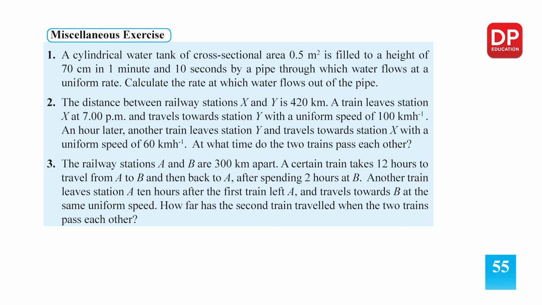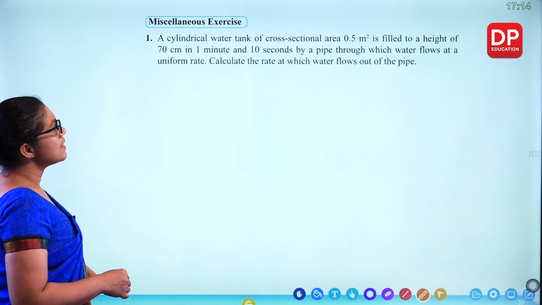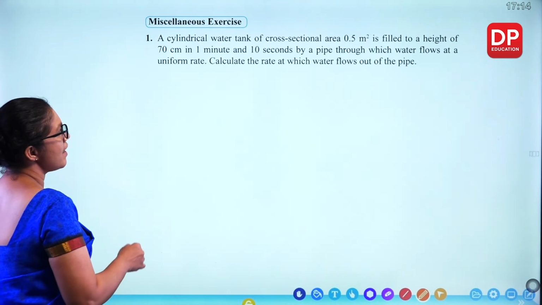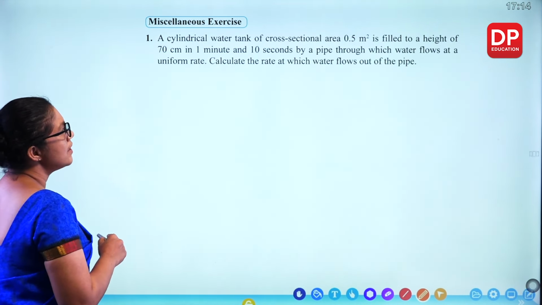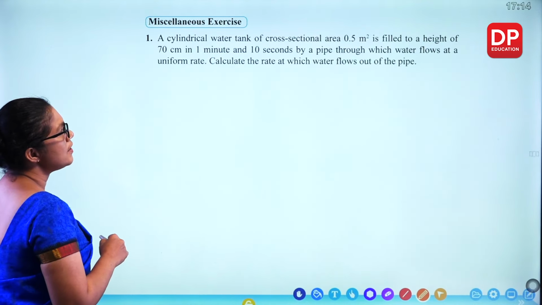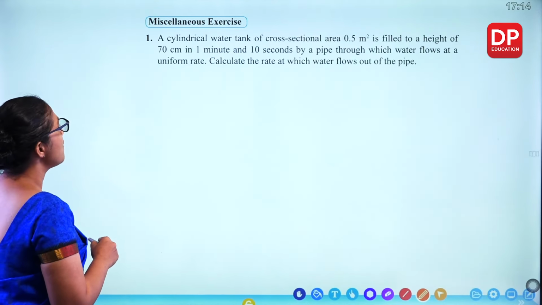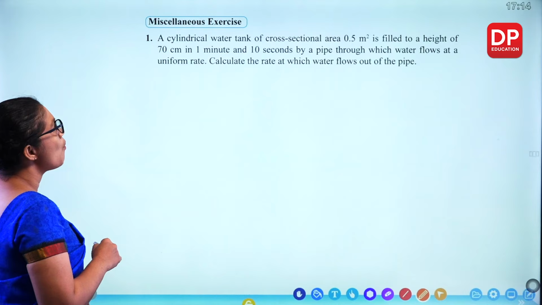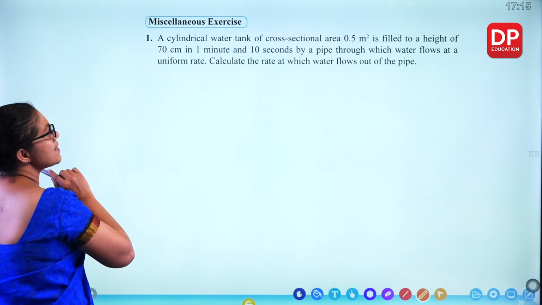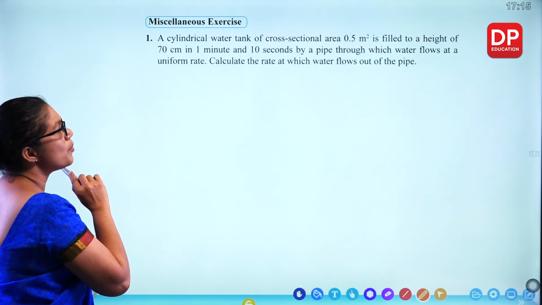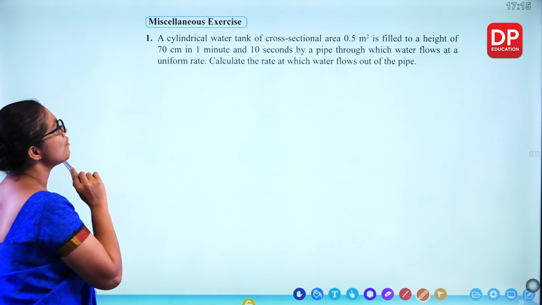Miscellaneous exercise. A cylindrical water tank of cross-sectional area 0.5 square meters is filled to a height of 70 centimeters in 1 minute and 10 seconds by a pipe through which water flows at a uniform rate.